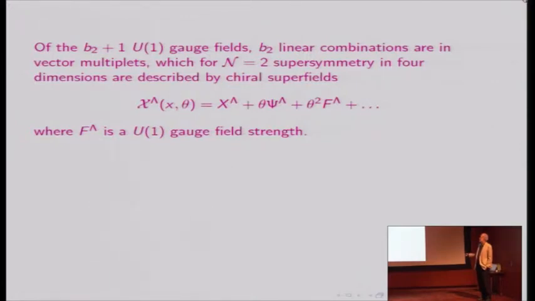But with twice as many thetas, I haven't written out all the Lorentz indices, but this term is more complicated. And it includes the anti-self-dual part, in my convention, of the field strength of a U1 gauge field. So for N equals 2, what I'm calling a chiral superfield describes a vector multiplet that includes a U1 gauge field.